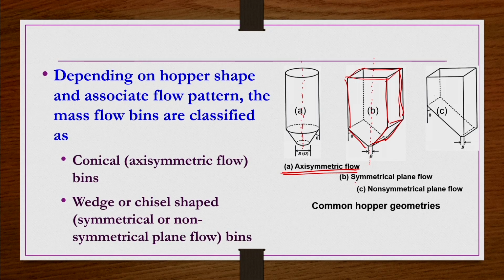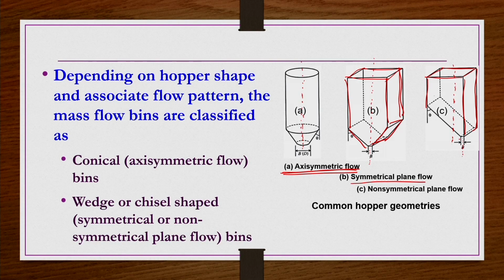That's the reason they are known as symmetrical plane flow. But you may have other designs, right, not a regular shape, something like this as shown here in picture C, where you are not expected to have the center line of the opening and the center line of the container aligning to the same line.